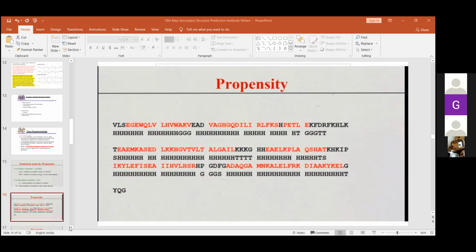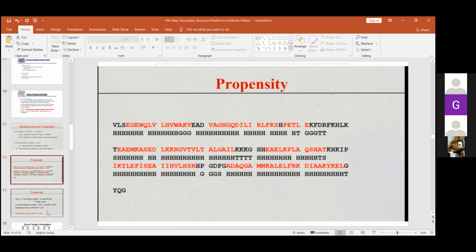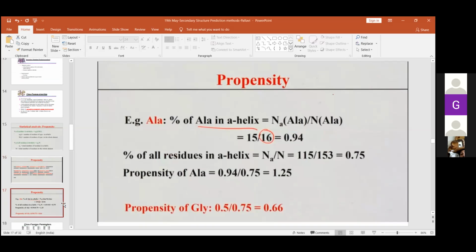So we have to find out the propensity value. This is an example, and I have taken the example of alanine. First I have to find out the percentage of alanine in the given sequence that is in the alpha helix form.